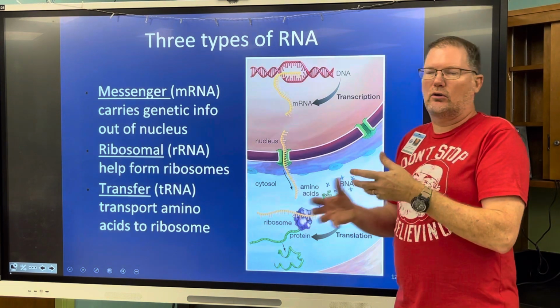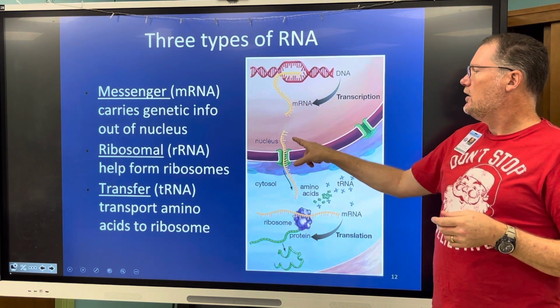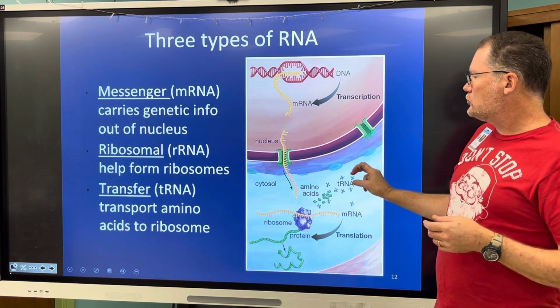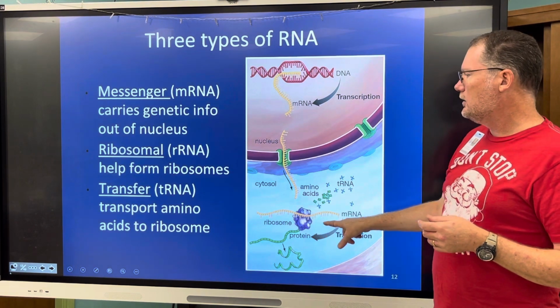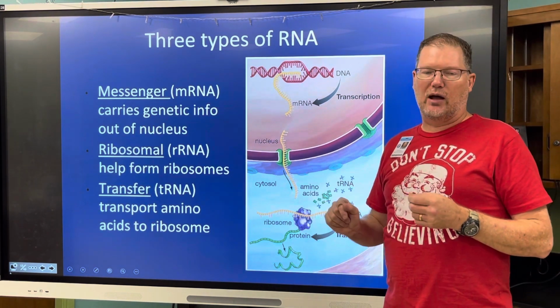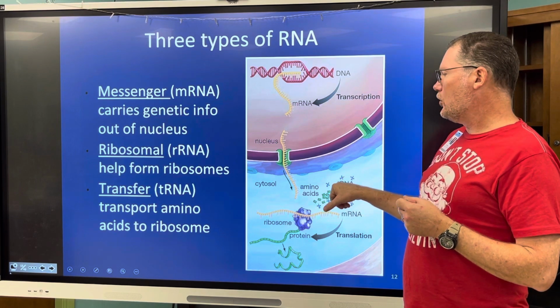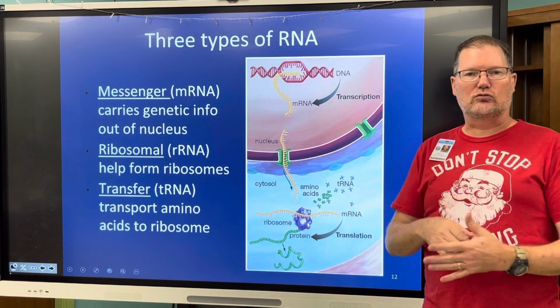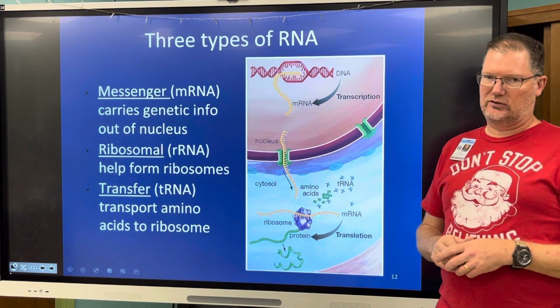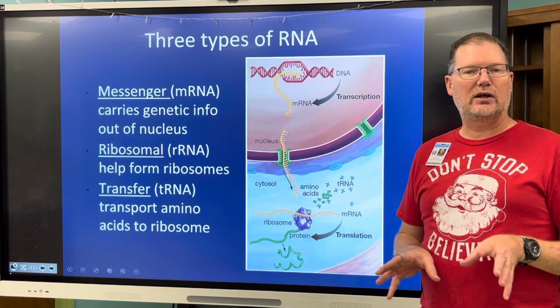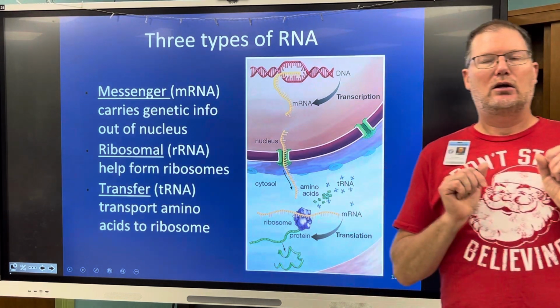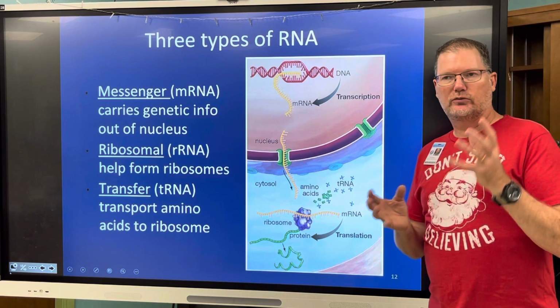You see, so it's just making a copy of the DNA so it can fit through, and then the ribosomal RNA helps form the ribosomes, and then the transfer RNA transports amino acids to the ribosome to make proteins. Remember what the ribosomes do in our organelle part of the class?